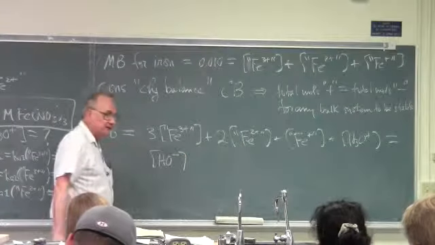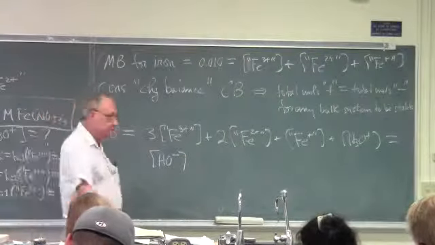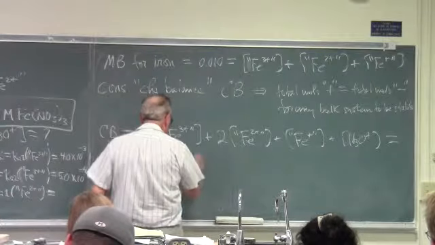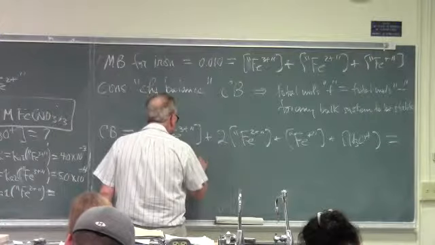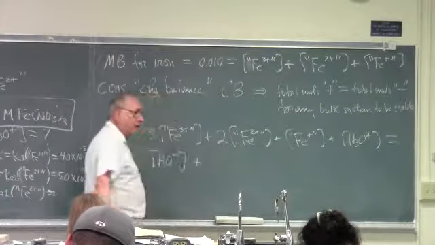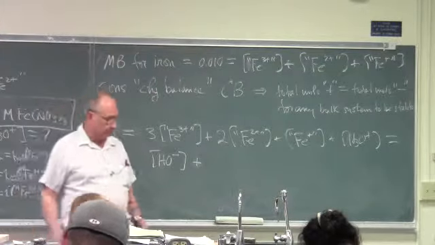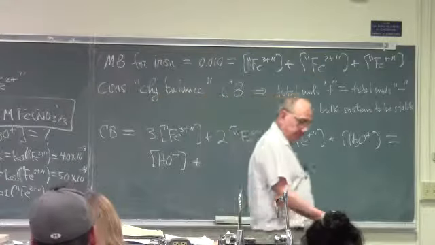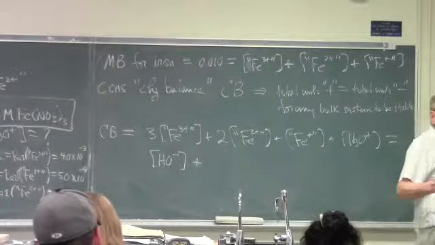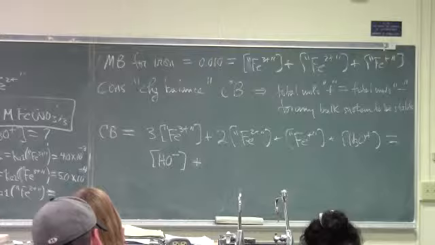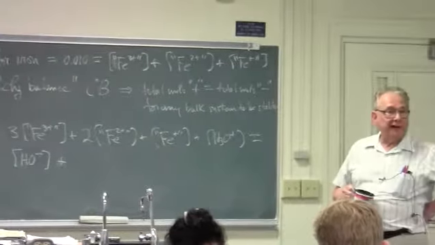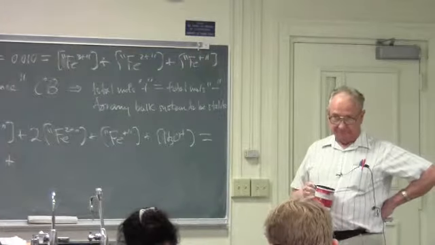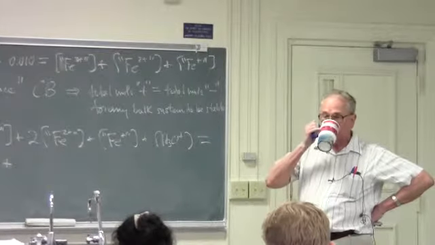the molarity of hydroxide ion, because that's present in every water solution, plus the molarity of what? You haven't forgotten PSI, have you? The only other minus thing in this pot is nitrate ion.